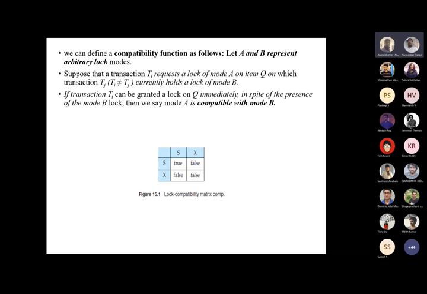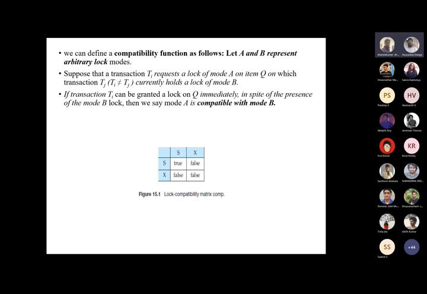For example, compatibility exists only when both transactions want to obtain a shared mode lock on the same data item. Whereas if one transaction is holding a shared mode lock on a data item and another transaction wants an exclusive mode lock on data item capital Q, it will not be granted.